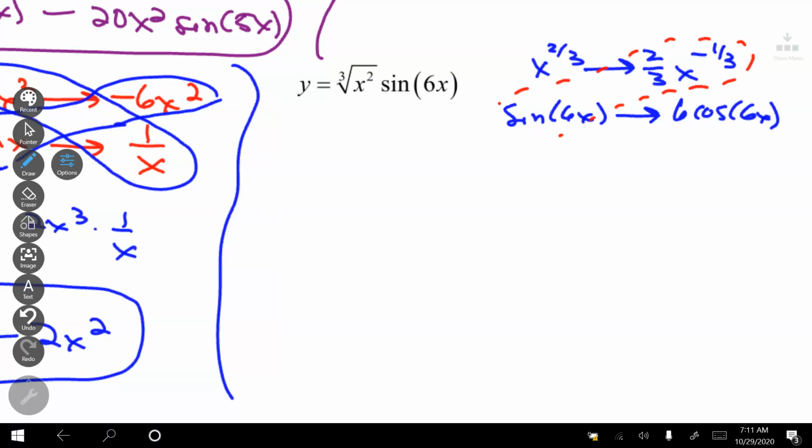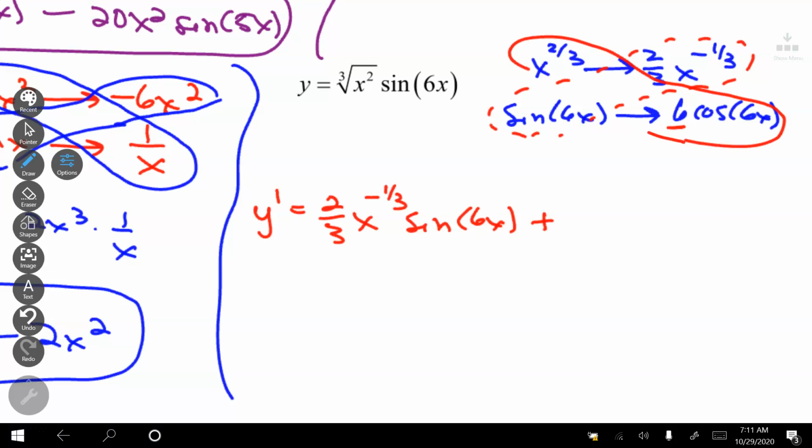Like I said, I like to do the bottom left to top right first. Y prime equals 2/3 x to the negative 1/3 sine of 6x plus this coefficient 6 comes first, 6x to the 2/3 cosine of 6x.